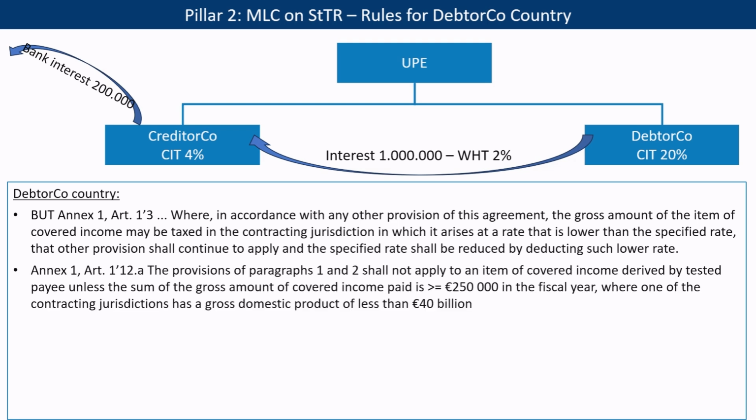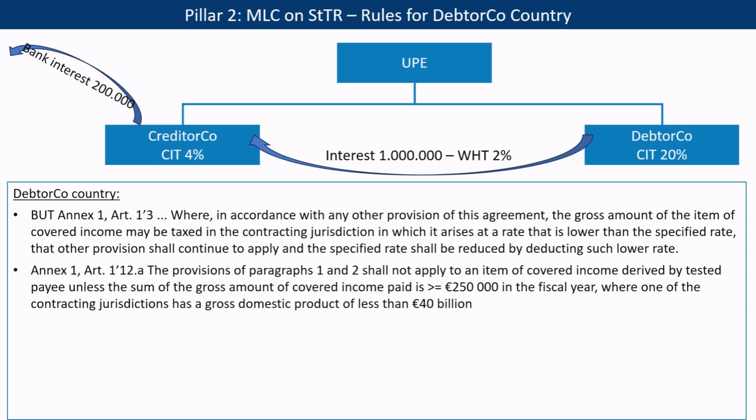Right? So, and then there's also paragraph 12. I've said Article 1 is a long article, which says, the provisions of paragraph 1 and 2 shall not apply to an item of covered income derived by the tested payee unless the sum of the gross amount of covered income paid is more than 250,000 euro in the fiscal year, and where one of the contracting jurisdictions, not the debtor, but one of the contracting jurisdictions, has a gross domestic product of less than 40 billion.